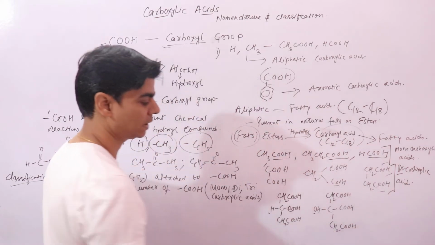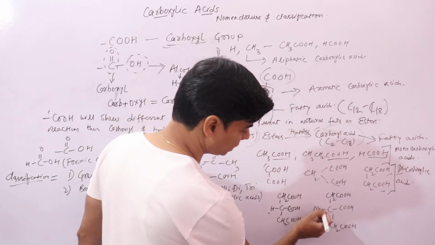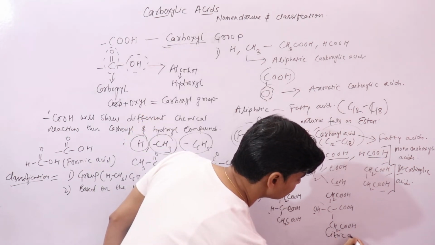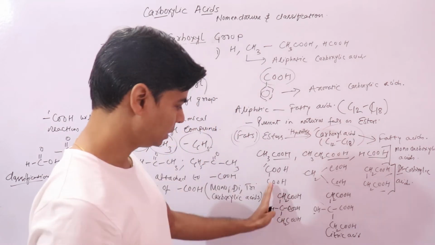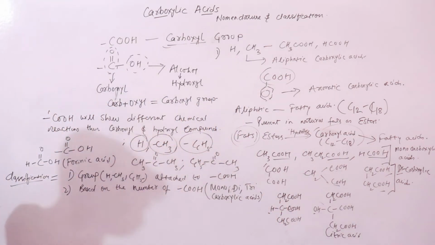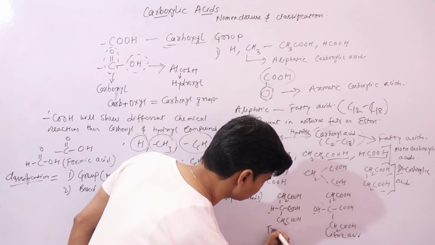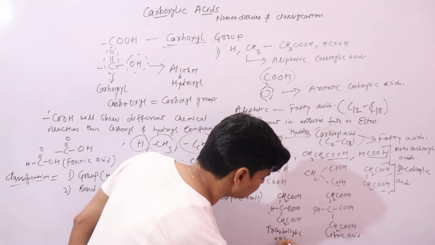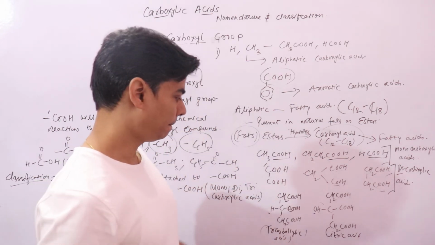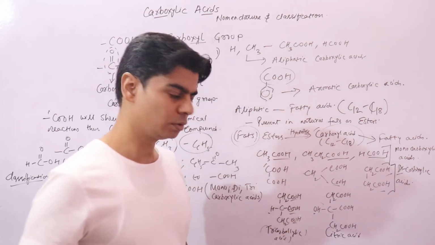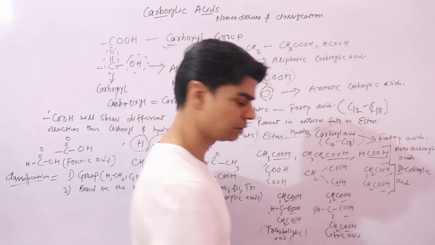The name of this acid is citric acid. The one that contains OH is your citric acid. If you look at these two acids, they contain three carboxylic groups.